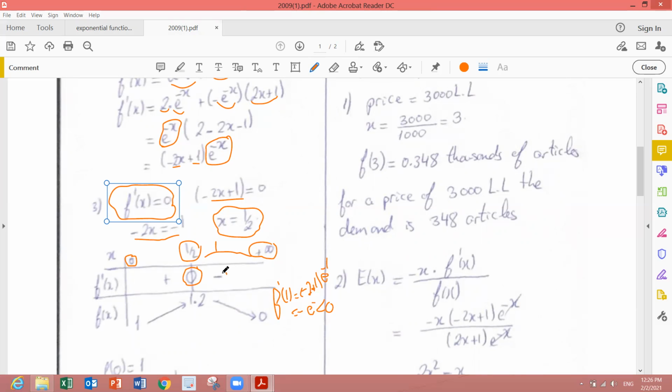So here I put positive, then negative. So always check by a number.